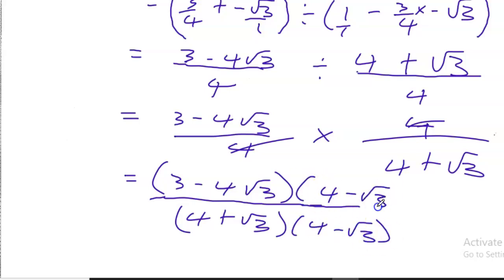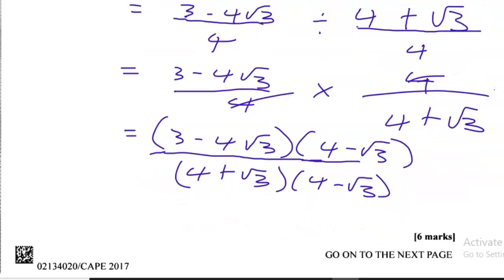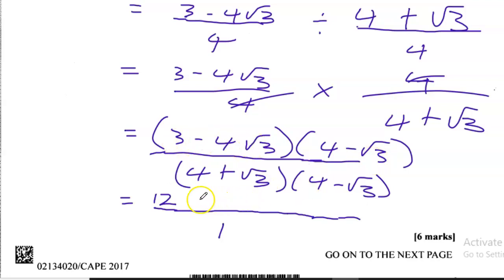So we multiply numerator and denominator by the same value to make the fraction equivalent. Right, so we end up with, let's expand. So the denominator will be just 1. Alright, 4 minus 3, which is just positive 1. The numerator, let's expand now. So 3 times 4, that's 12. 3 times minus root 3, that's minus 3 root 3.